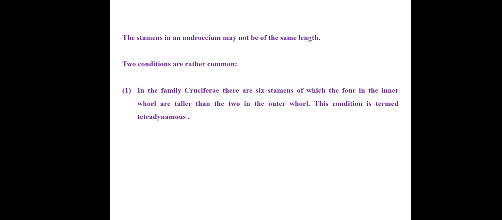This condition is termed tetradynamous. Listen to this word tetradynamous, because 4 are taller than the other 2 which are smaller. These 2 are outer, and the 4 which are taller are inner.